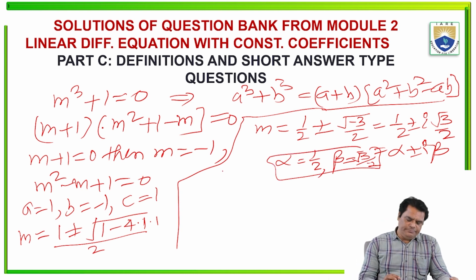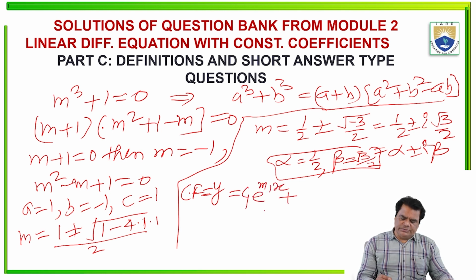Now the formula for CF: y is C1 e to the power m1 x plus e to the power alpha x (C1 cos beta x plus C2 sin beta x).